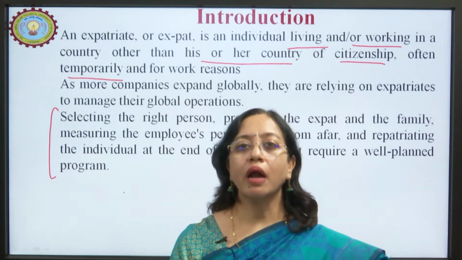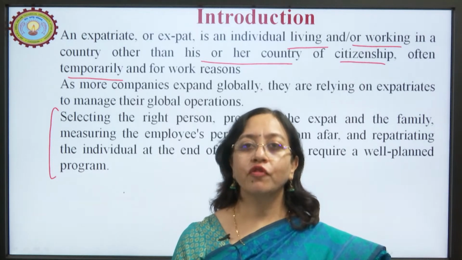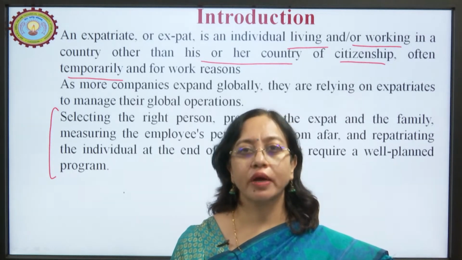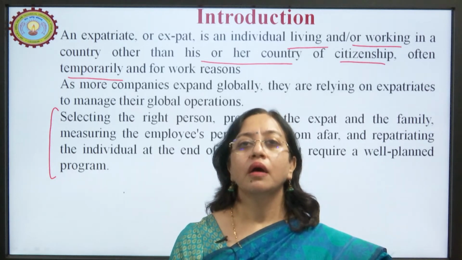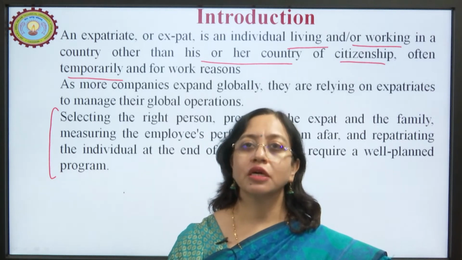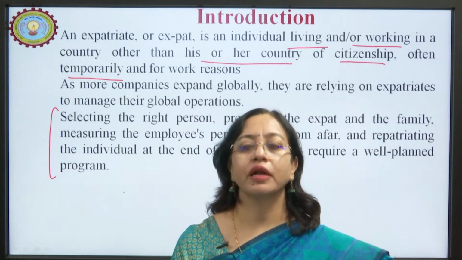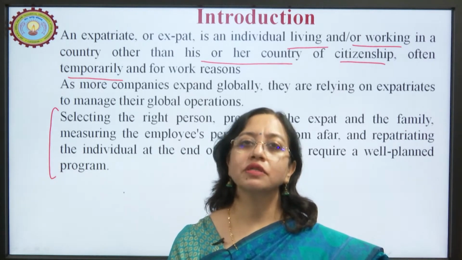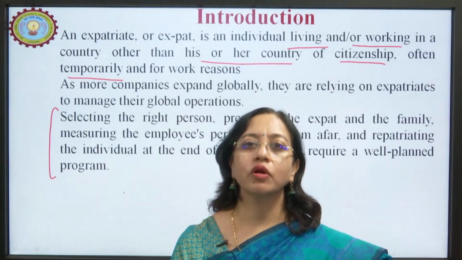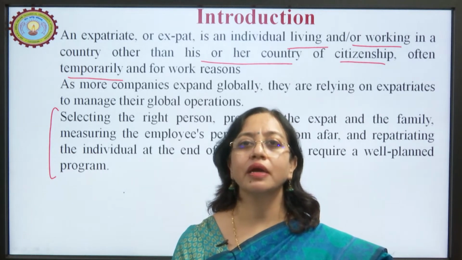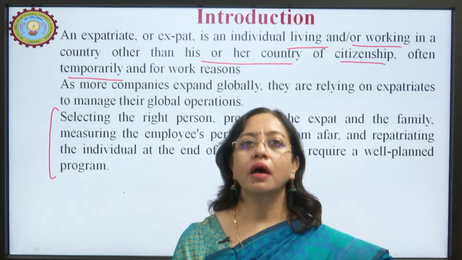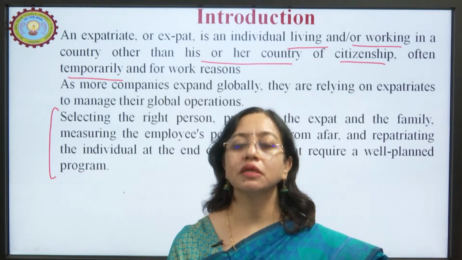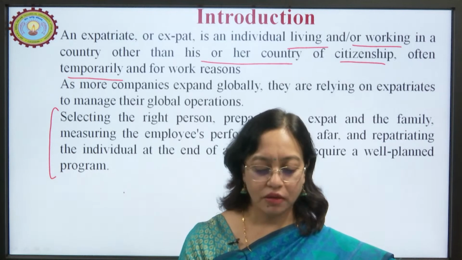You require proper planning before sending people to the foreign assignment, and then you must manage their performance over such a long distance. And obviously, when the assignment is over, because we have already discussed that it is generally temporary in nature, how will you bring that person back? That also has to be planned.